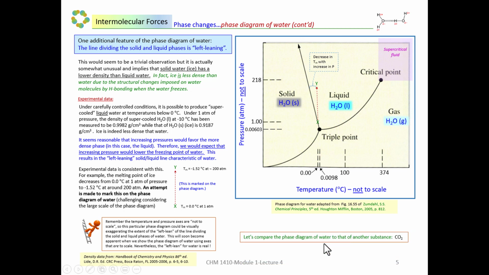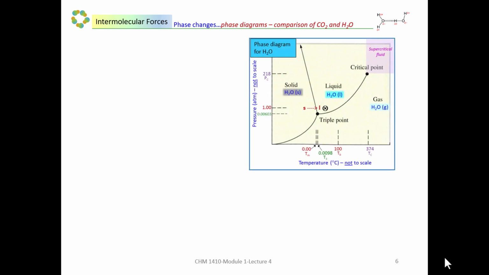For now, let's compare the phase diagram of water, which we've discussed in detail, to that of another substance, carbon dioxide. So on the right-hand side, we have the phase diagram of water, which we've been discussing. It is marked up a little more, but it is the same phase diagram we've been working with.